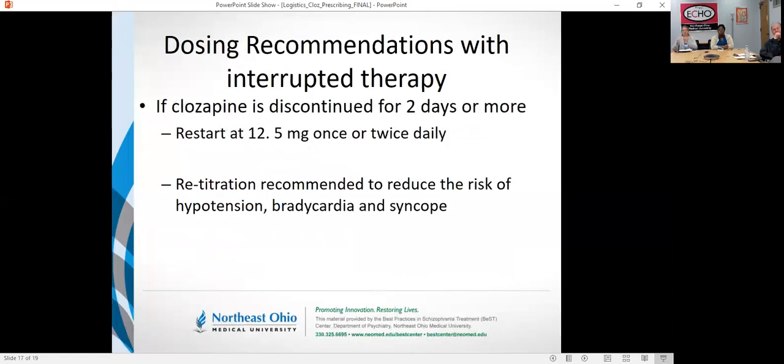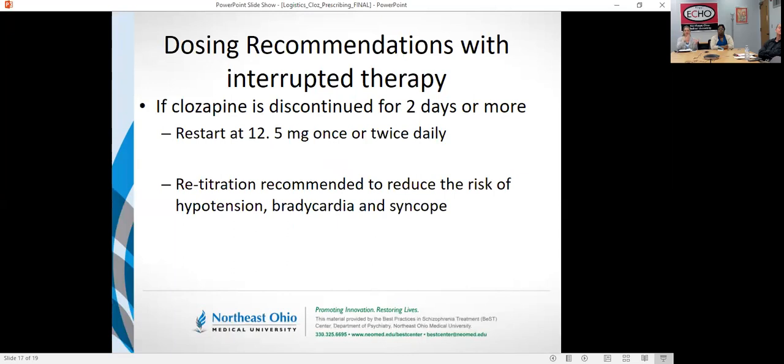So in addition to their monitoring, there are dosing changes. If a patient's off of clozapine therapy for whatever reason for 2 days or more, it is recommended to restart at the very beginning. Now, there are some individual prescribers who have had patients on higher doses, 600, 700 milligrams, that have needed to interrupt therapy briefly because of ANC readings, and they may not have started at the 12.5 twice a day and titrated up.